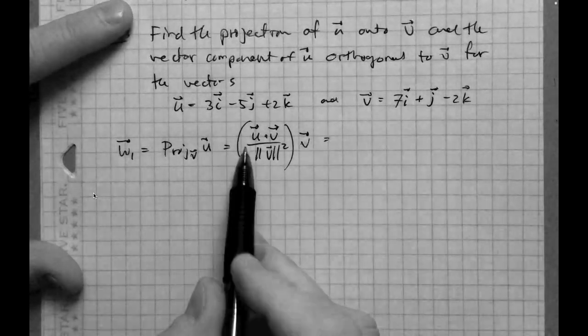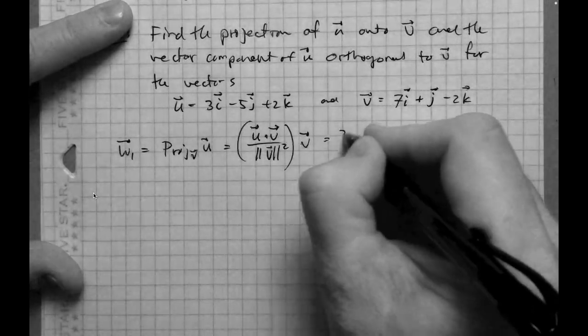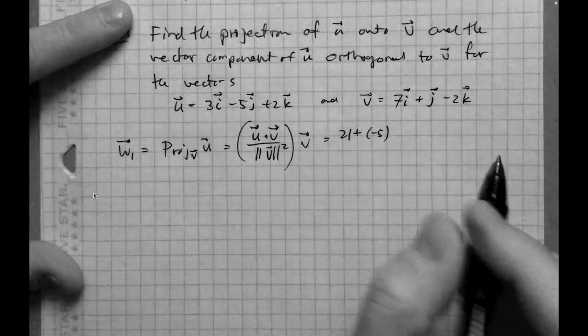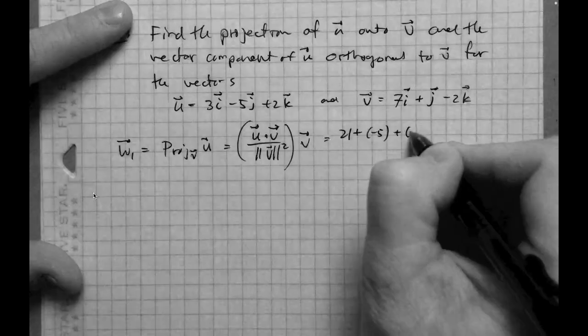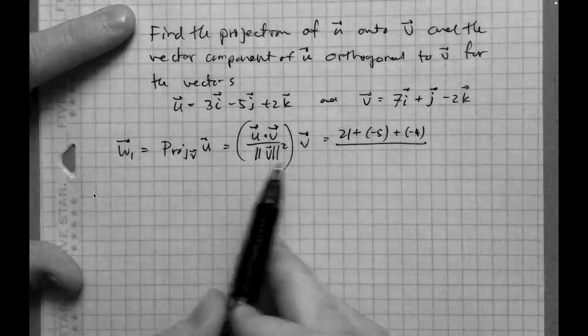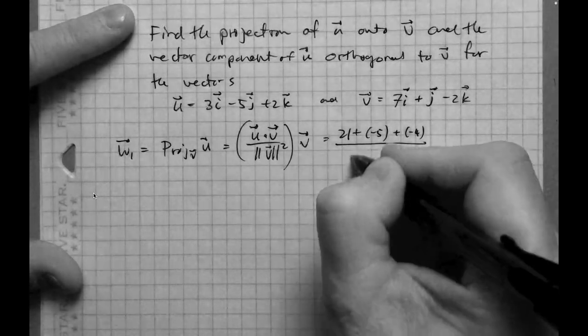Okay, so in this case, u dot v will be 7 times 3 is 21, plus negative 5 times 1 is negative 5, and then plus negative 4. Okay, and what's the norm of v? Well, that's going to be the square root of 49 plus 1 plus 4.